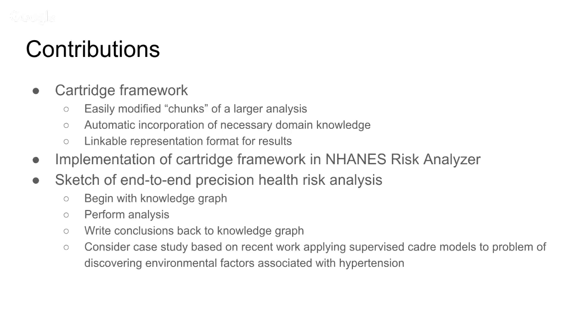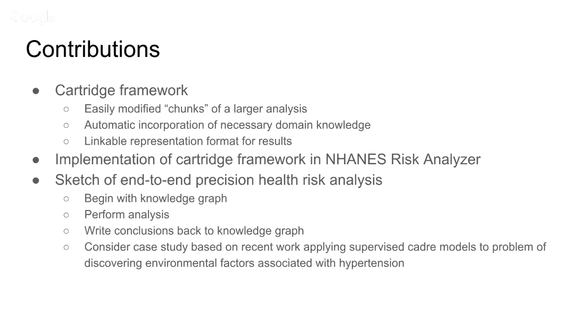And then I've taken this framework and implemented it in our risk analyzer. If you were at my idea talk last spring, we presented an initial version of the risk analyzer. This time, we reworked how it works and let it take advantage of this cartridge framework, which is nice.